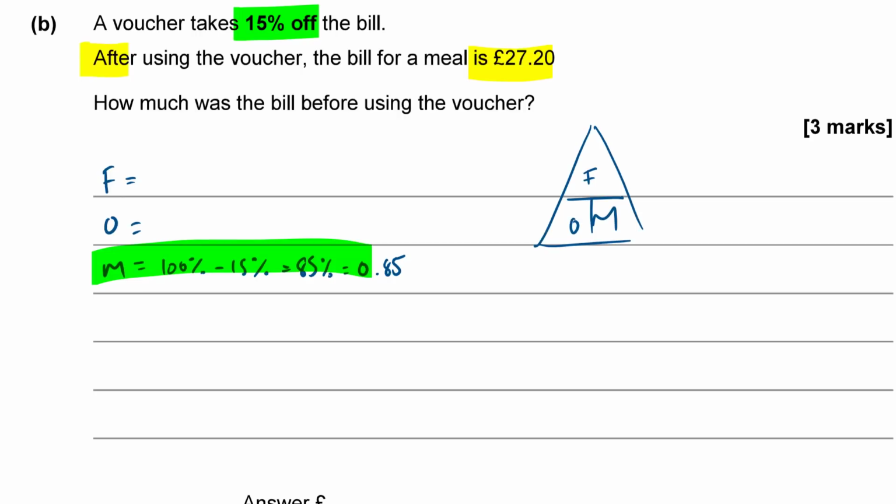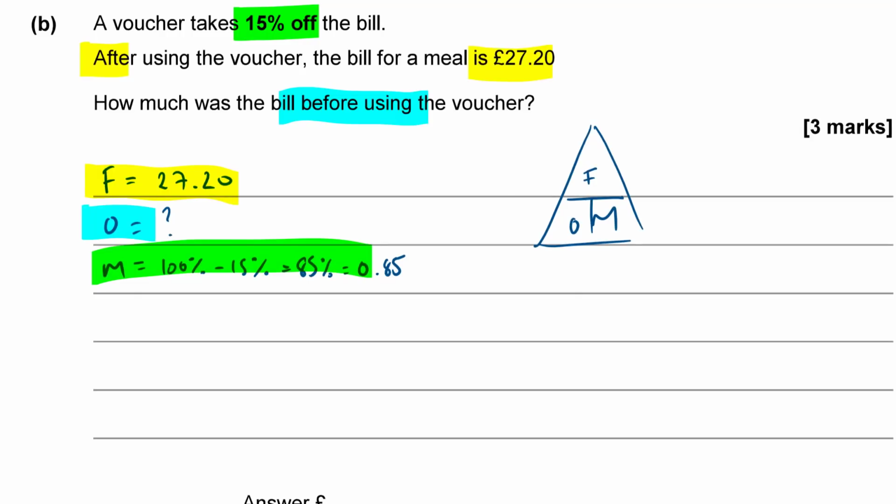So that we've been given is the final amount. Okay, so the final amount is £27.20. Okay, so the original amount before the deduction is the one we don't know and the one we want to find. Yeah, look, there it is, before. So that's got to be the original price.